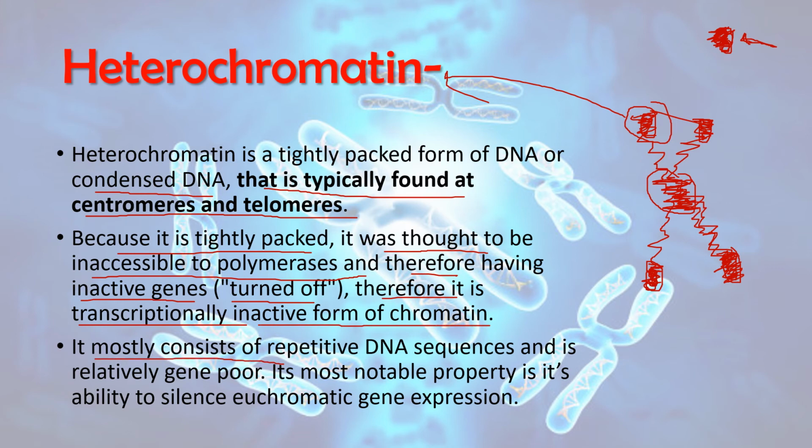It mostly consists of repetitive DNA sequences and is relatively gene poor. These regions are gene poor, whereas the euchromatin regions are gene rich.